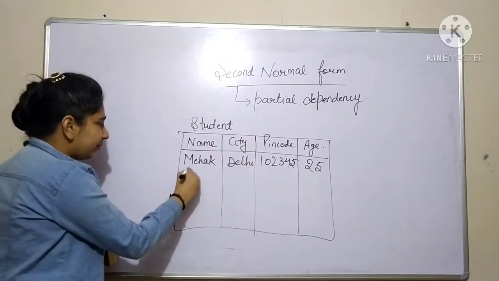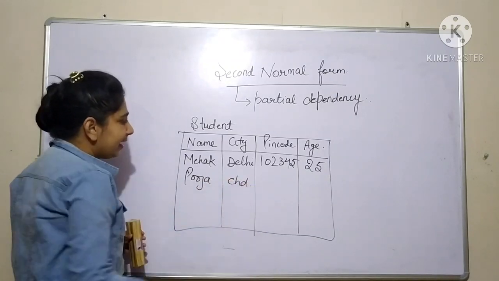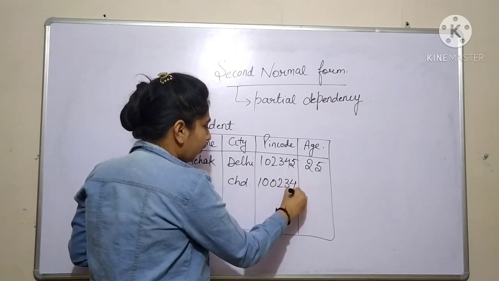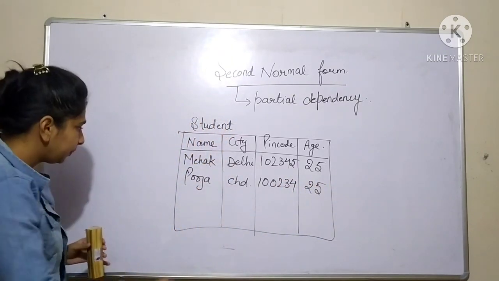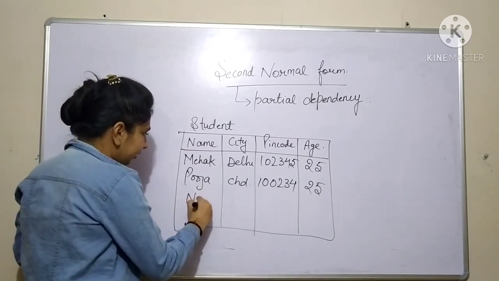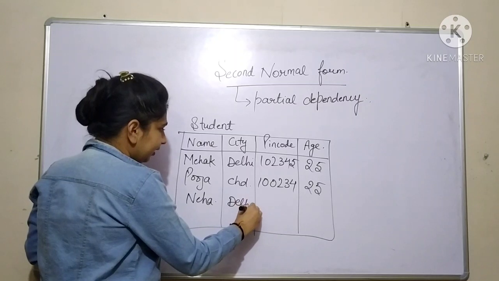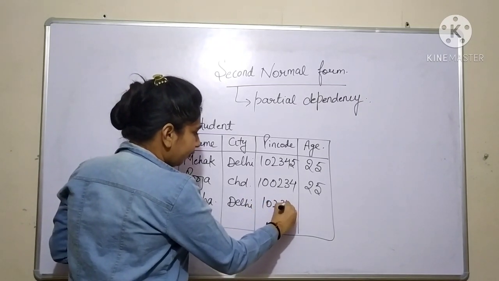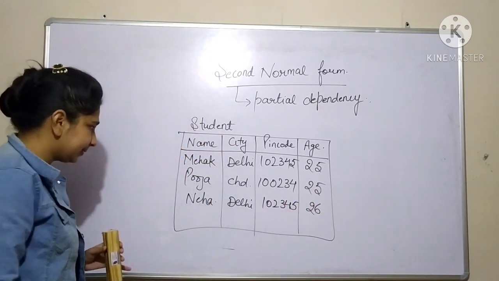Let's suppose I have a second student, Pooja. She belongs to Chandigarh and the pin code is 100234, and her age is also 25. Third we have Neha. She belongs to Delhi, pin code 102345, and her age is 26.